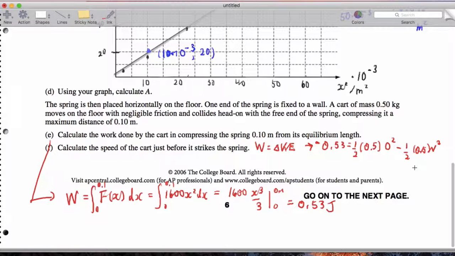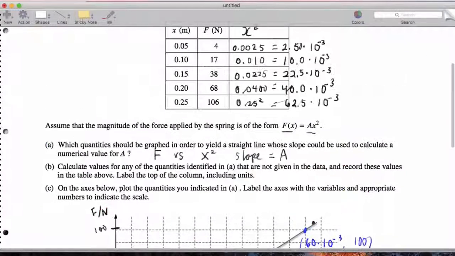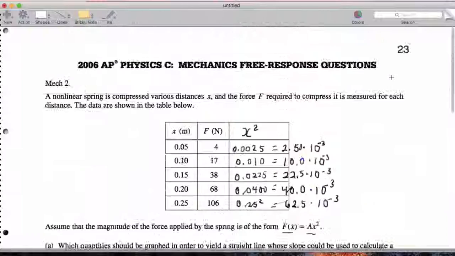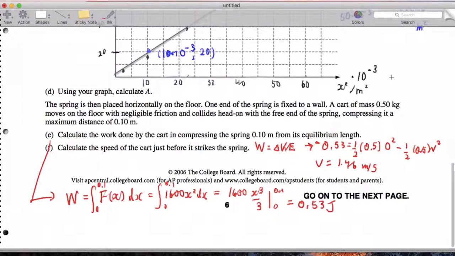When we actually go ahead and solve for v, we're going to get a speed of about 1.46 meters per second. All right, so that is question number 10 on our practice test bank.